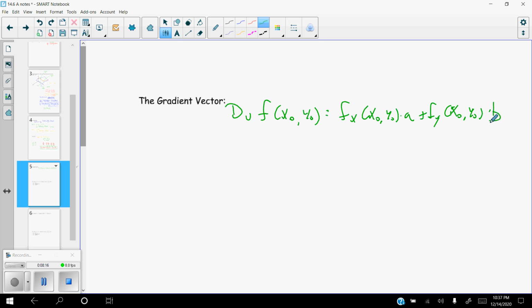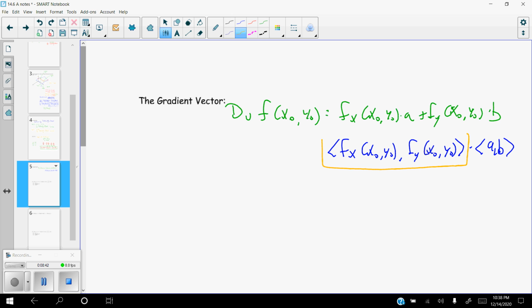So what you can see is, or at least hopefully you can see, that if I use the vector f sub x at x naught, y naught, f sub y at x naught, y naught, and I dot that with the vector AB, I get the step above. Well, this piece right here, which is just your partials, the vector that's created by your partials, is what is called the gradient.